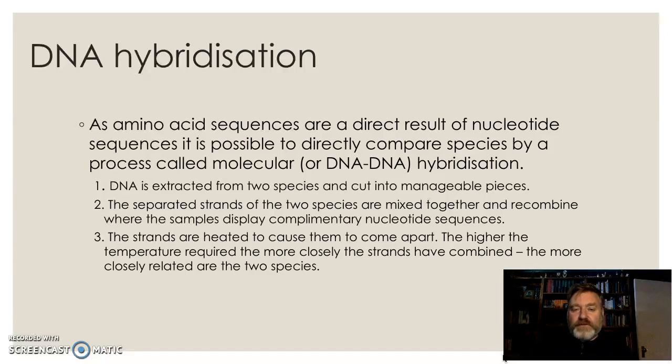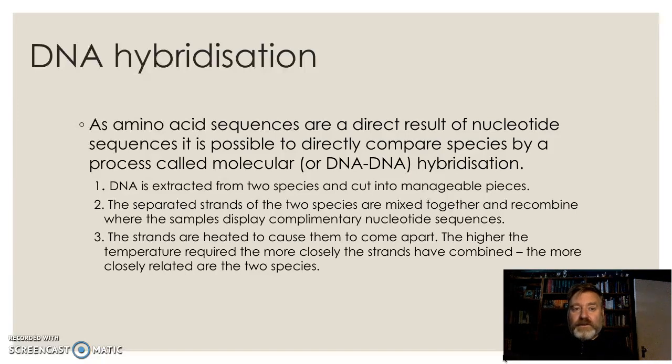The amount of heat required to pull apart those bits of DNA that have cross-species connection tells us how closely related they are. The more nucleotides are lined up, the greater the amount of heat energy it takes to pull them apart again, and the more closely related you are.